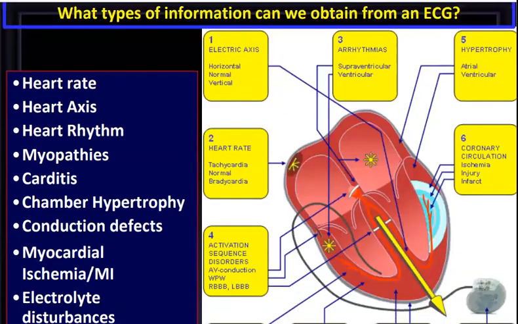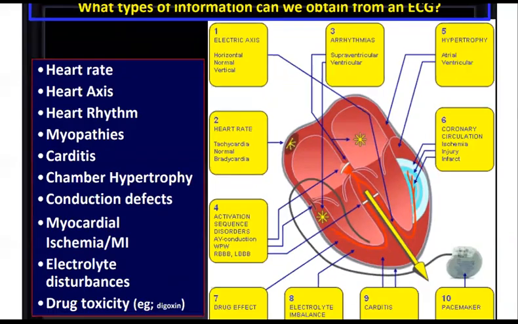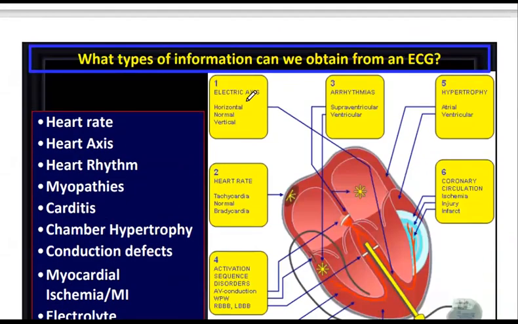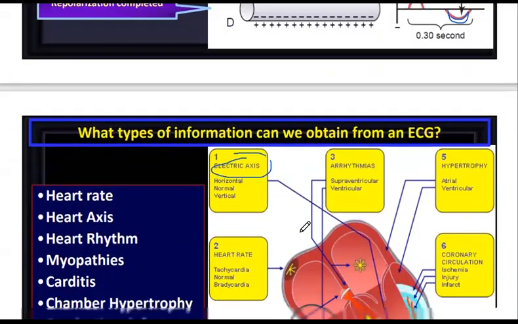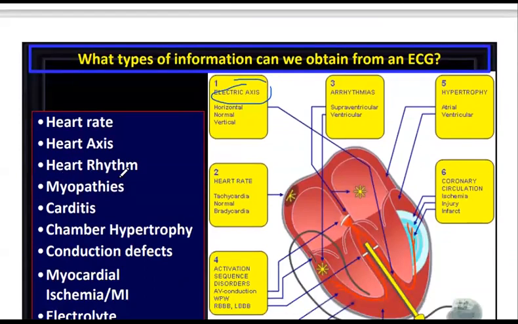So what types of information can be obtained from an ECG? What will we get from ECG? One is the electrical axis. Second is the heart axis or heart rate.